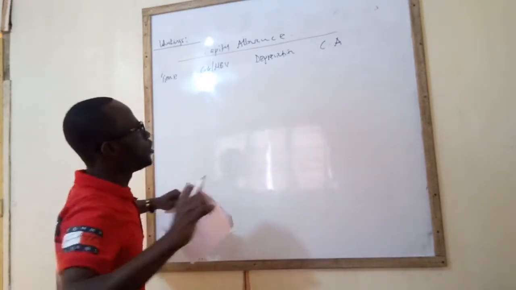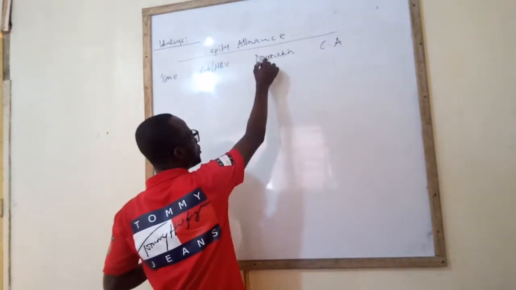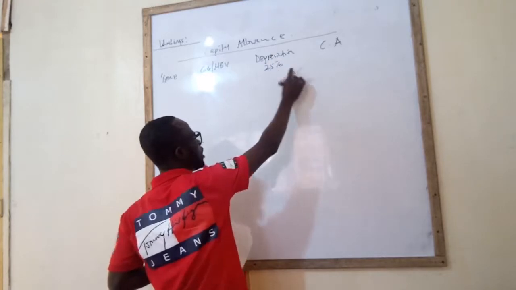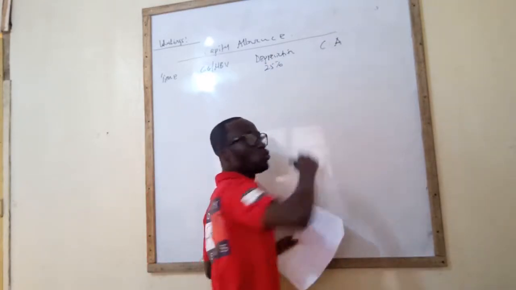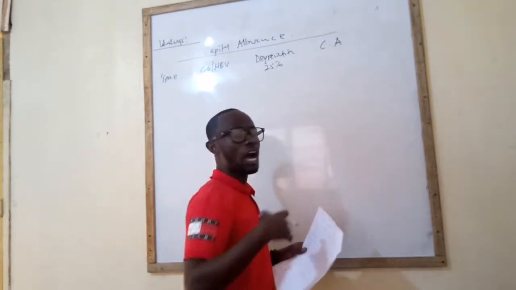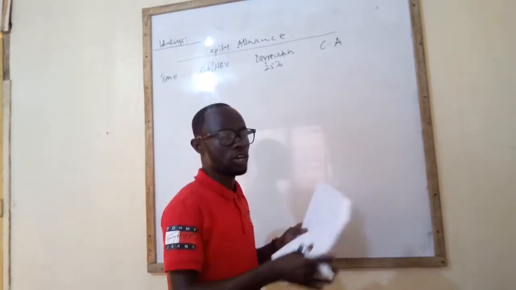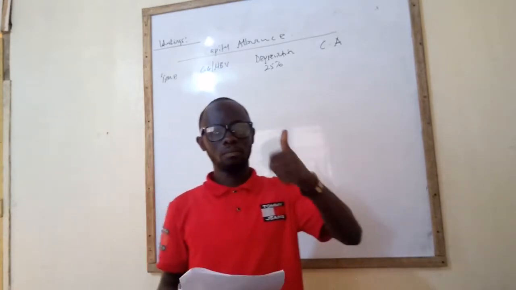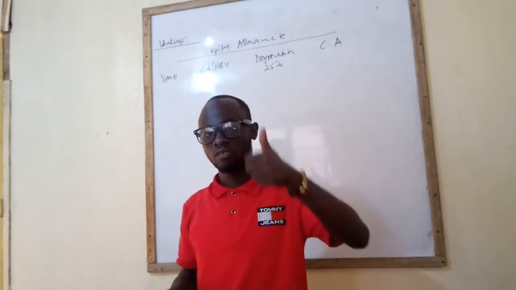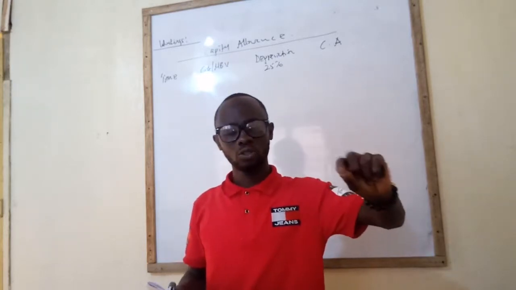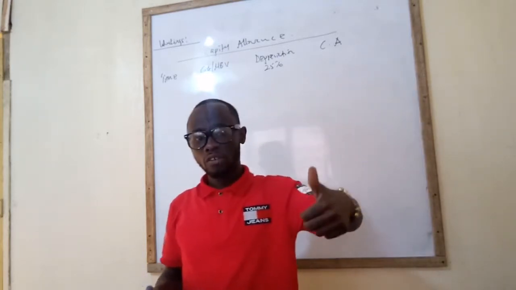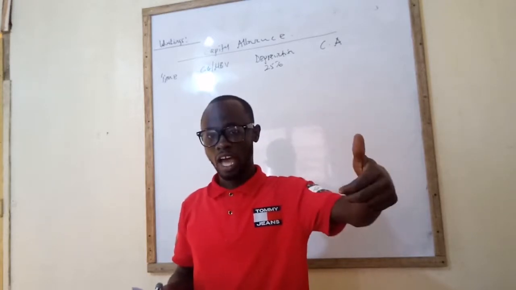Be careful. The depreciation is on reducing balance method at 25%. The capital allowance will be calculated using the tax rates, because remember, capital allowance is a benefit you are receiving for the usage of the asset, which reduces the total tax that is payable on the revenue generated from the asset.